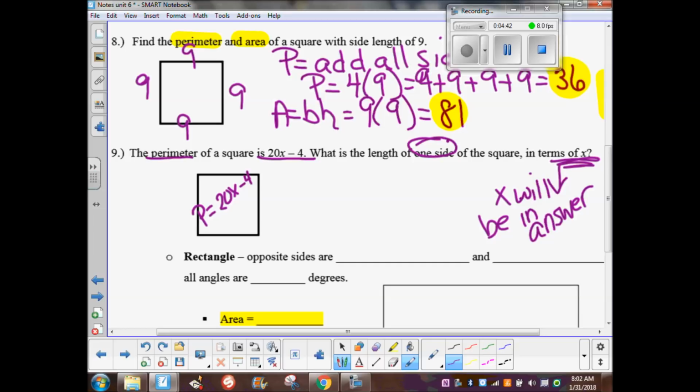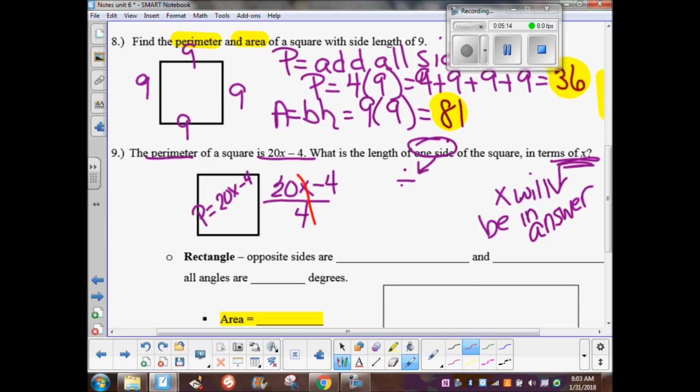Guys, here's a little trick. If they ask for a side, divide. Okay, so it kind of rhymes. If they ask for a side, you divide. So they're asking for a side, so think in your mind, divide. So if I take 20x minus 4 and I divide it by 4, that's something we really haven't seen, but I bet you could come up with what one of the sides is.